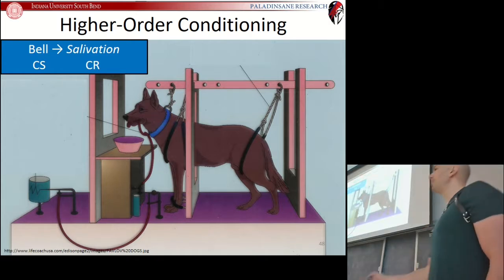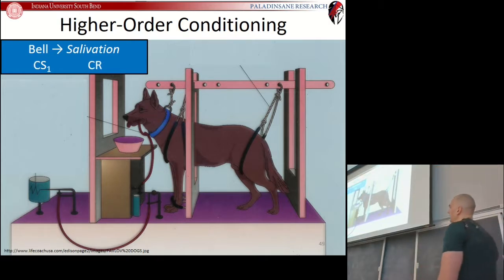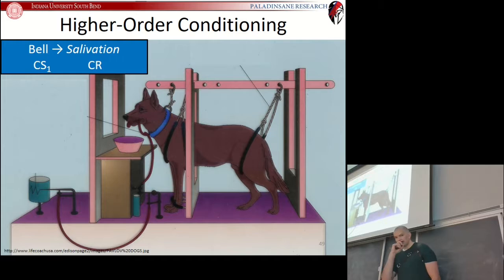So the bell becomes the conditioned stimulus 1. And this conditioned stimulus, as we've just seen, has been created by pairing it with food, and it is now causing the conditioned response. We can now use this in a new round of classical conditioning.